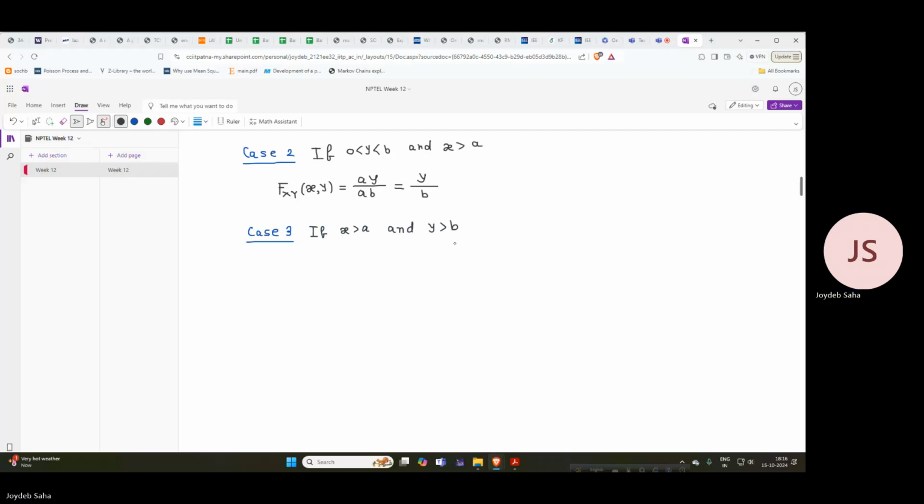If this is the case, then find capital F of xy. This is our task now. So please think and try to solve it.